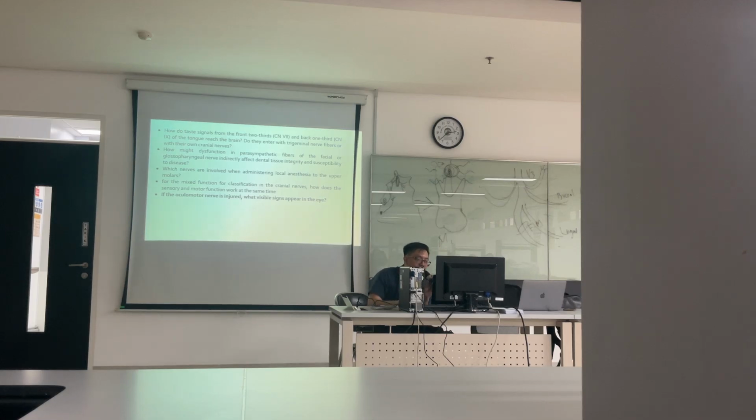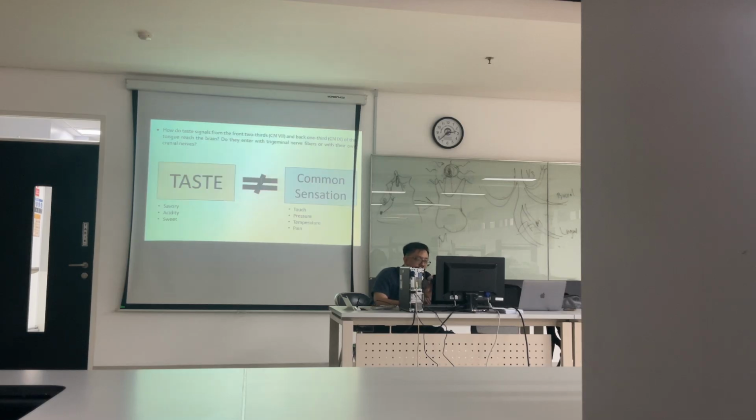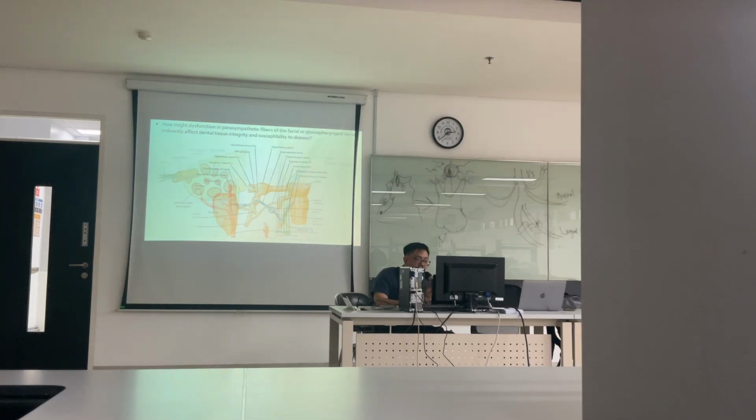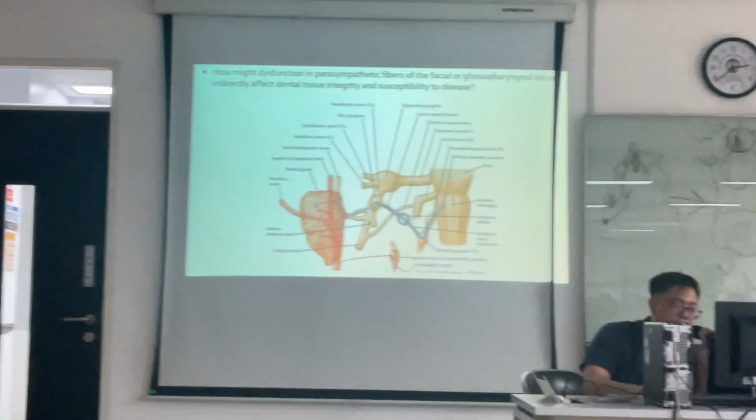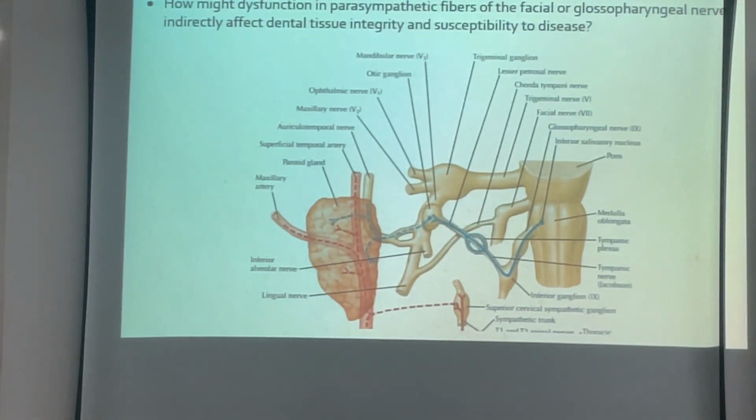Dysfunction in the parasympathetic fiber of the facial or glossopharyngeal nerve indirectly affects the tissue. As I explained before, the glossopharyngeal nerve is important for salivary secretion. Here you can see the blue line from the salivary nucleus going to the otic ganglion, and there's a different line: first the striped blue, and then the dark one.